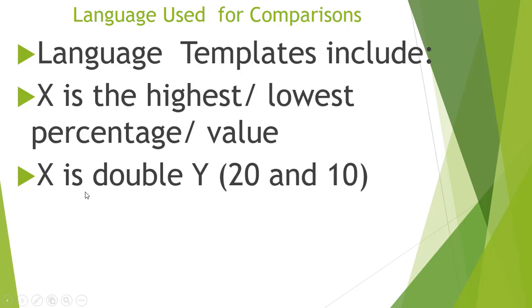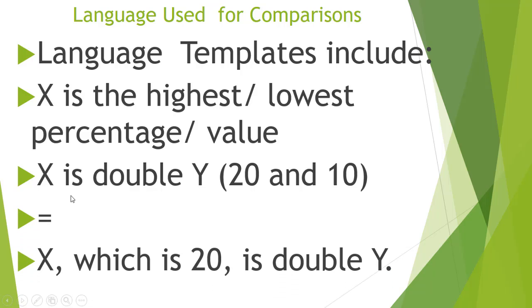Here, look at this. You have to mention the relation, which is double or triple or half or quarter, whatever. And then you have to mention the values also. So two things you have to mention. The relation, again, and the value. Relation, double, half, triple, quarter, whatever, 10 times, 20 times, 3 times, and the value, 20 to 10.